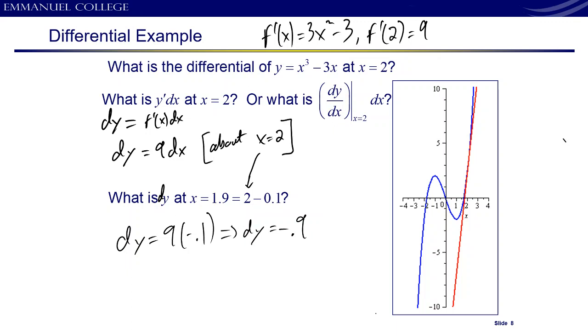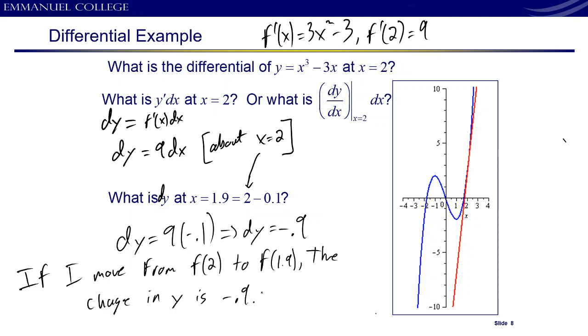Just to write it out in words, basically what it says is if I move from f of 2 to f of 1.9, the change in y is negative 0.9. And that's based off of our differential. You could also test what if I plug in f of 2 minus f of 1.9. You could do that as well, but the whole point of this is getting the change and staying close to it.